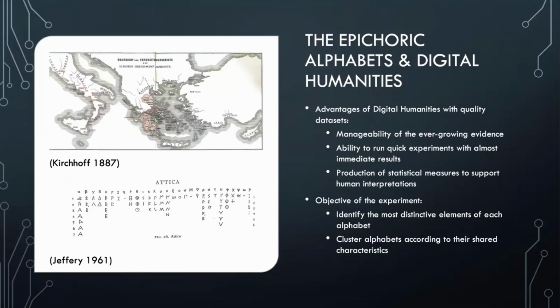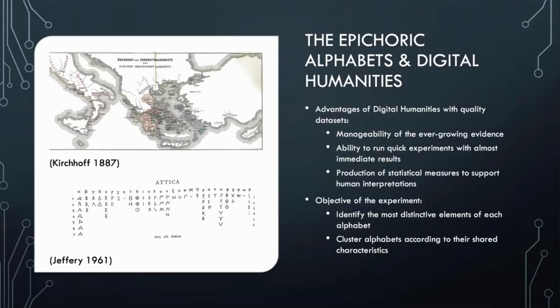One particularity of the epigraphy of this period is the broad variety of alphabets that we find just to record the ancient Greek dialects. The individual characteristics of these alphabets and also their shared elements have been a research topic since the first half of the 19th century, when Kirchhoff published the first edition of his Studien zur Geschichte des griechischen Alphabets.